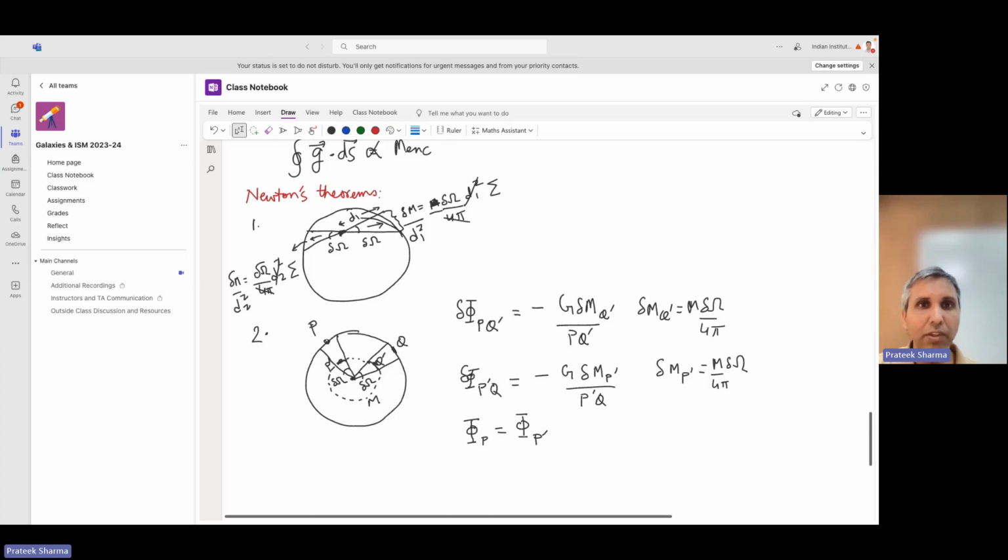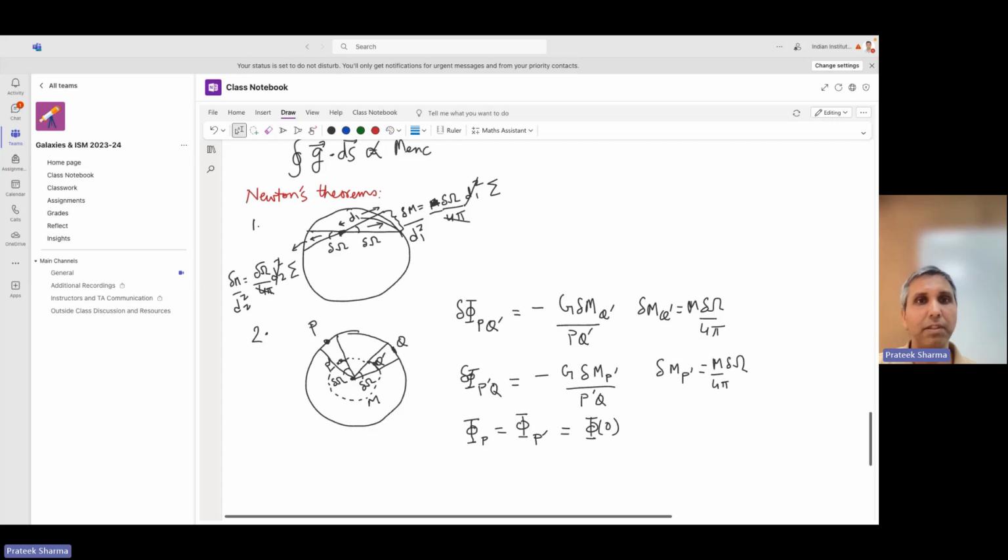But inside a sphere, we already saw that potential is constant. So phi at P prime is equal to phi; you can just calculate it at 0.